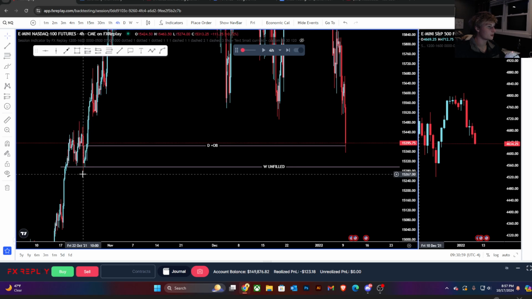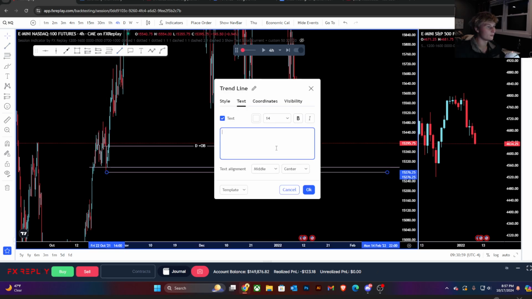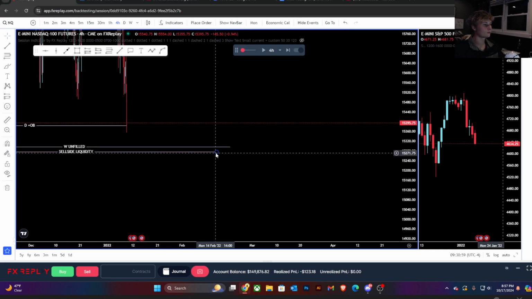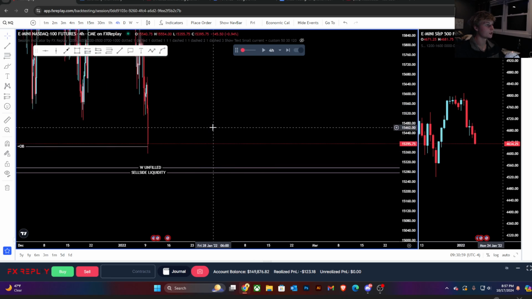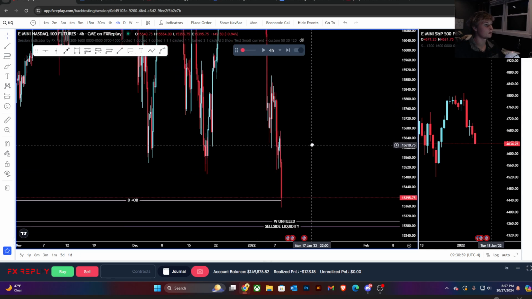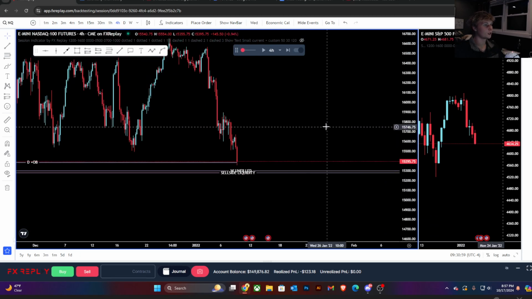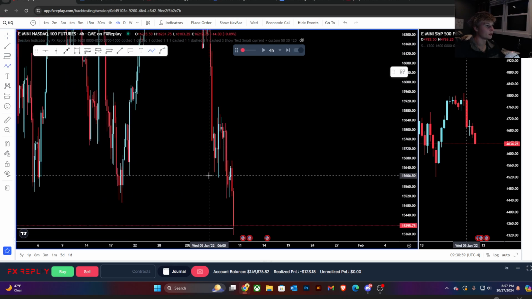We do have this level of sell side as well, so we're gonna mark that up. Looks pretty obvious right here. Sell side liquidity level there, and weekly unfilled. So I do think the draw is lower right now, even though we just tapped this order block. Also, let's see, do we have a higher time frame breaker?